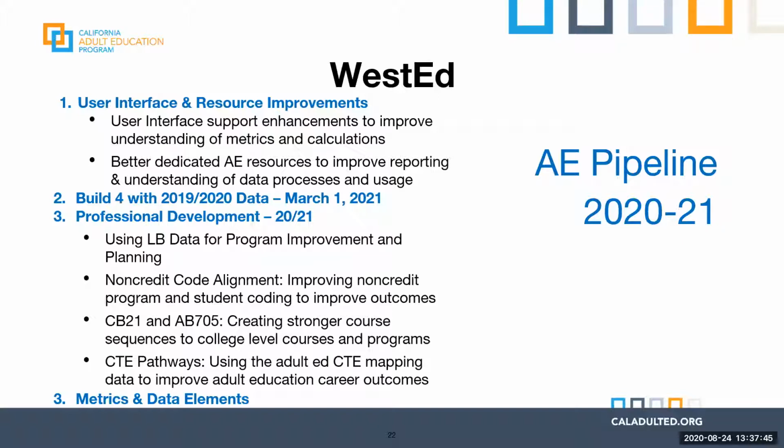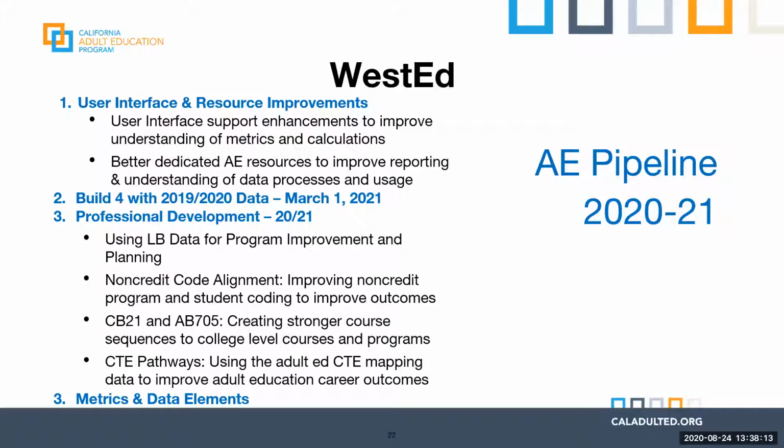We want to build upon the non-credit coding workshops that we did last year, where we worked with the colleges, both the program people and the researchers, to understand how the metrics are constructed, how the non-credit data actually works within MIS, and to get researchers and program people talking to each other more about how they can be more accurate in both their data collection and how the MIS data elements are coded.